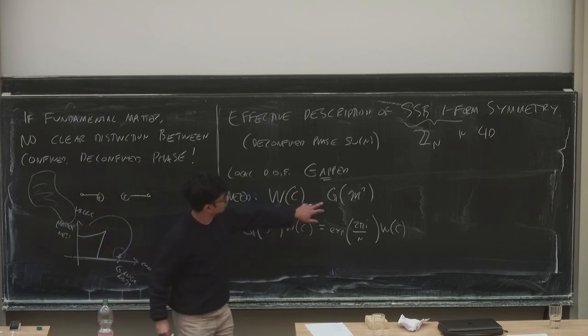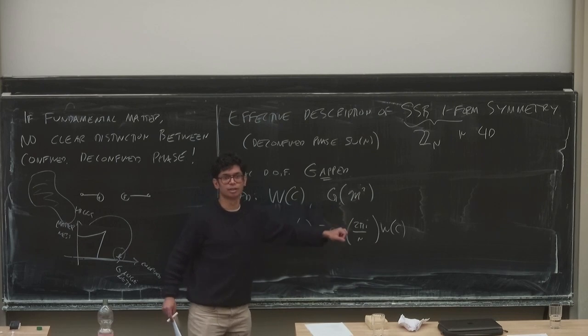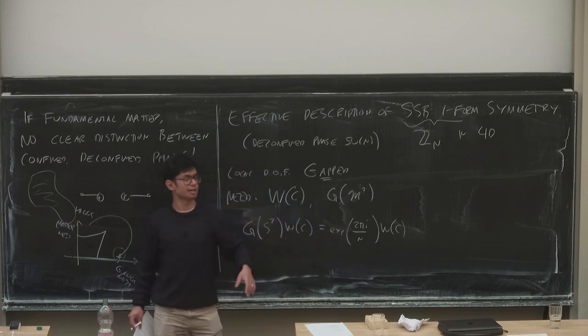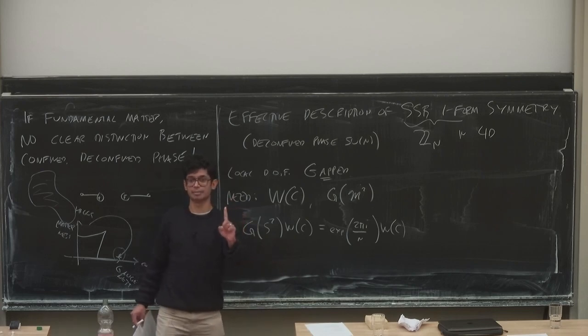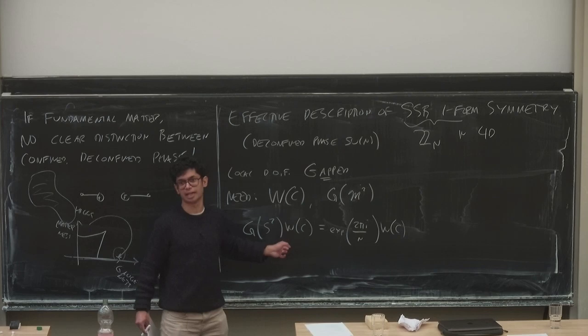Previously, I had subscripts for the fundamental and the center element, but these are all just valued in Z_n. So from now on, I'm just going to talk about the minimal element of each one, the charge 1 element in Z_n. You can get the other ones by taking these to the kth power.